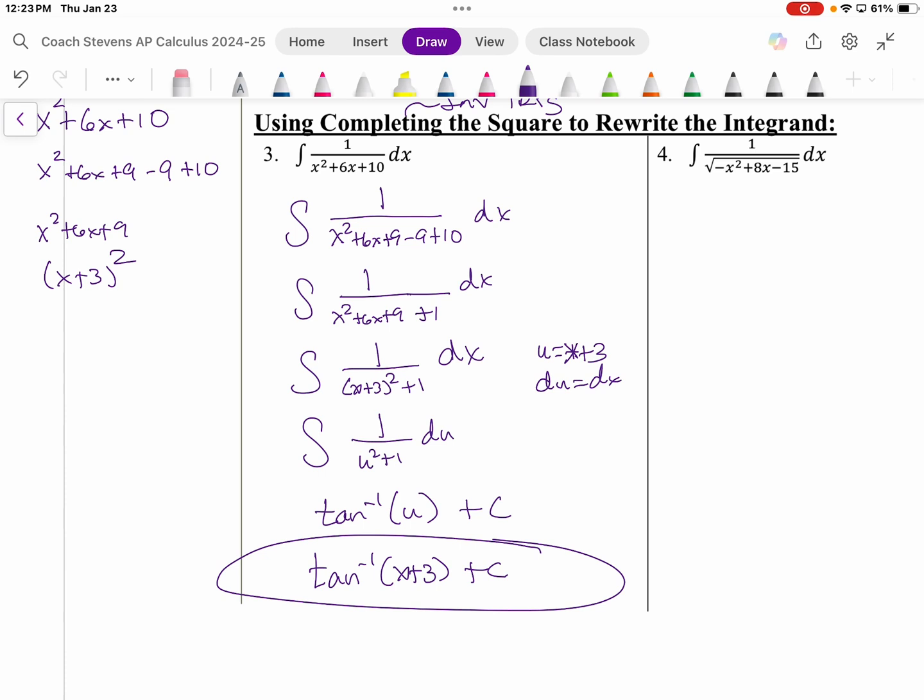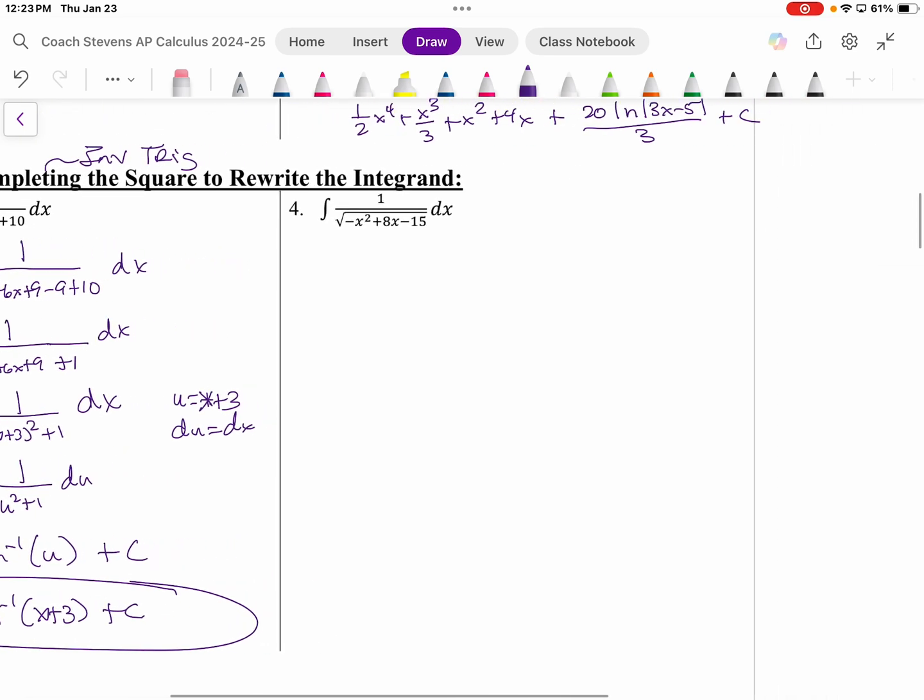All right, number 4, we kick it up a notch. Okay, we kick it up a notch. So I'm going to take number 4 off to the side here. Let's make sure I follow my notes carefully just because of that negative. The negative in front of the x squared, we're not allowed to have. So we've got to be careful with what we're doing. So again, my anticipation is we're going to use arc sine for this one.